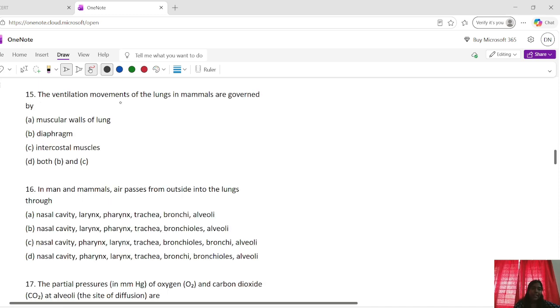Okay. The ventilation movements of the lungs in mammals are governed by the diaphragm and intercostal muscles. The diaphragm contracts, and due to this contraction, the volume of the thorax increases. When the thoracic cavity volume increases, there is an increase in the lung volume.